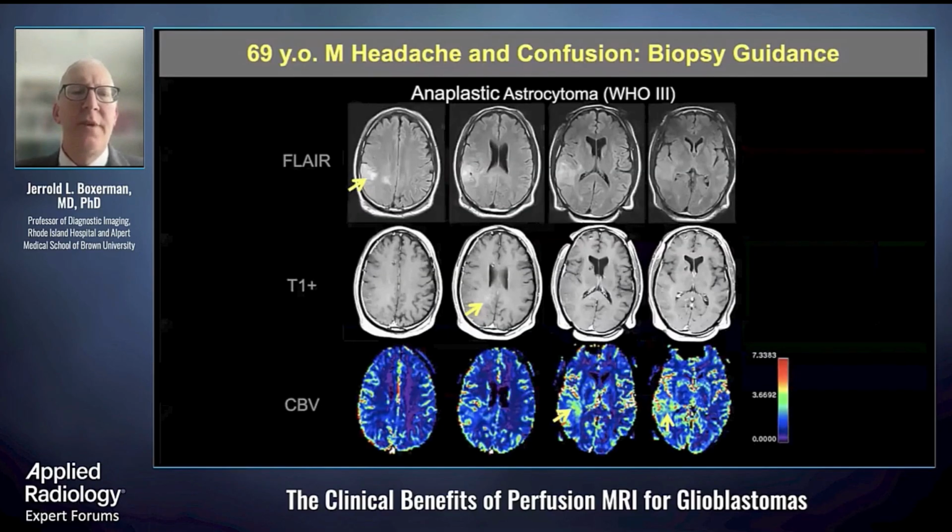So we're often confronted with cases where we see the presence of what looks like either a metastasis or a high-grade glioma, and the patient comes to biopsy, and the neurosurgeons are questioning what might be the most appropriate site to target for biopsy. And it's important to remember, as this case demonstrates, that high cerebral blood volume may be spatially distinct from contrast enhancement or FLAIR hyperintensity, which are conventional imaging features to suggest the presence of tumor.